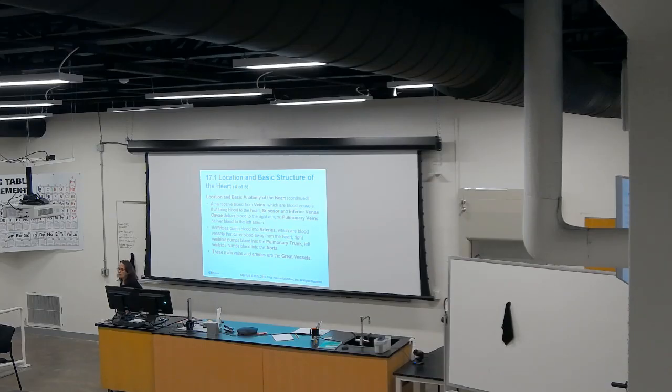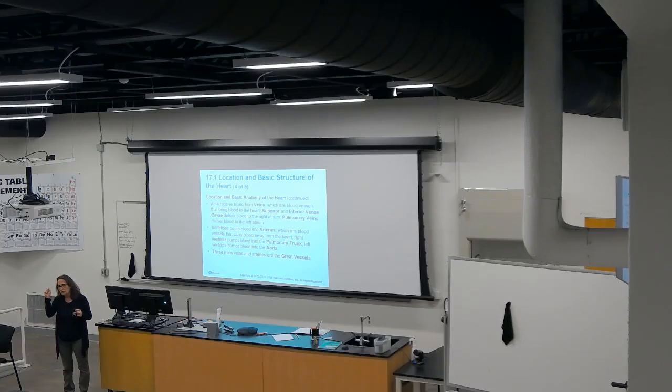So, this is what I told you before. The atria are the upper chambers of the heart that basically receive blood from veins. So veins deliver blood into the heart. And then the blood will move from the atria into the ventricles.